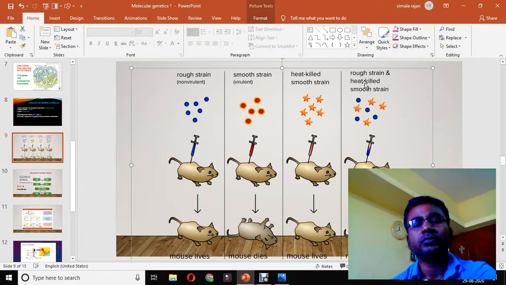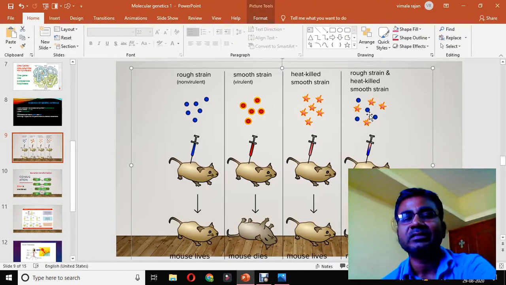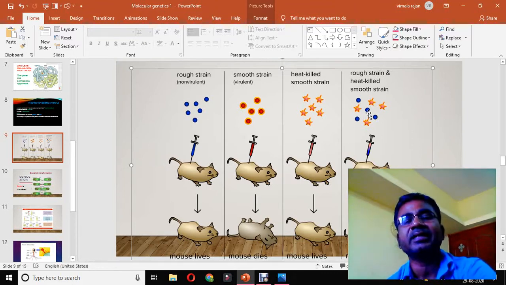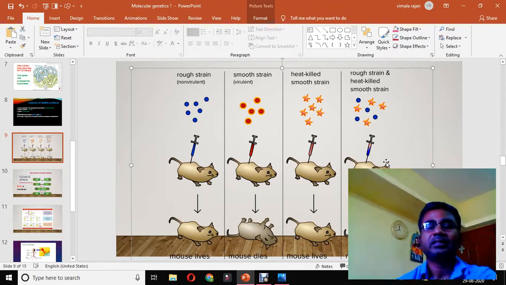You know, smooth strain is actually virulent. As a result, the mouse dies. So this is the rough strain and this is the smooth strain. From the smooth strain, the DNA enters into the rough strain and makes the rough strain bacteria into smooth strain. When it becomes smooth strain, it becomes virulent and causes the death of the mouse.